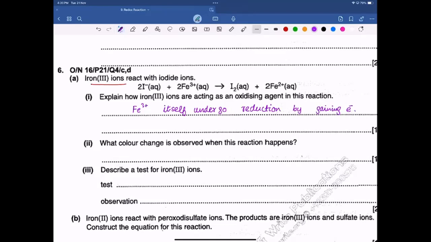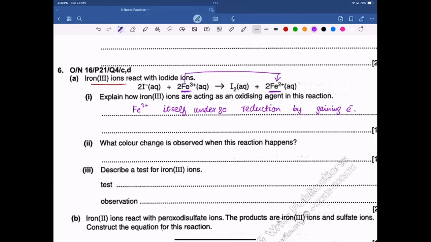Sir, but how is it gaining electrons? On the reactant side it is Fe3+, but in the product it is Fe2+. So how? Yes, who can explain this? He's asking, it's 3 positive on the reactant side, and on the product side it's 2 positive. Very good. Electron is negatively charged.